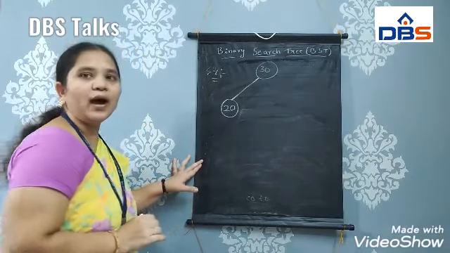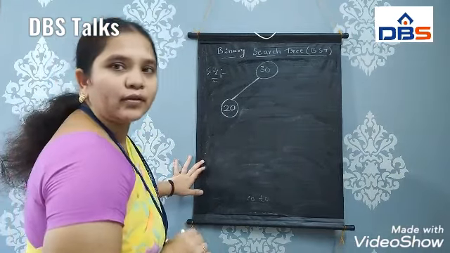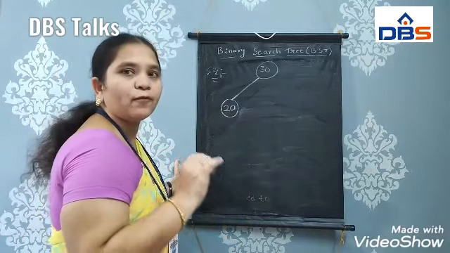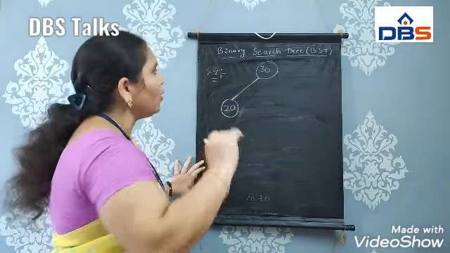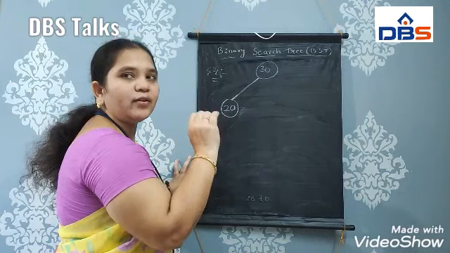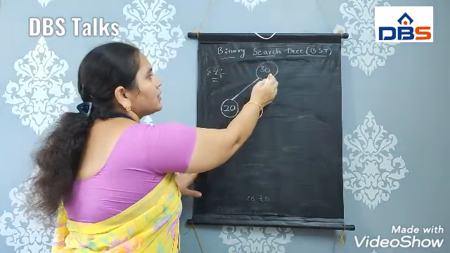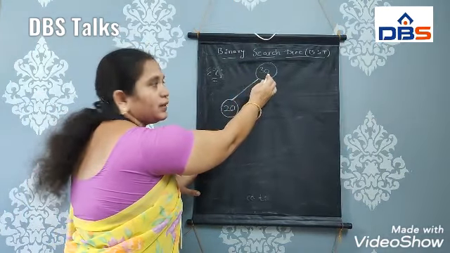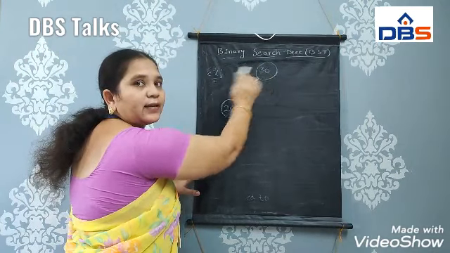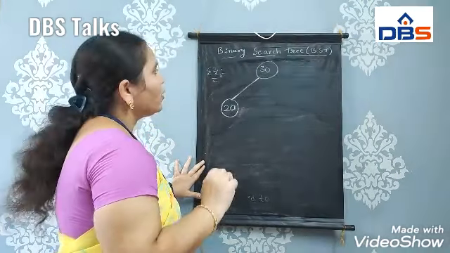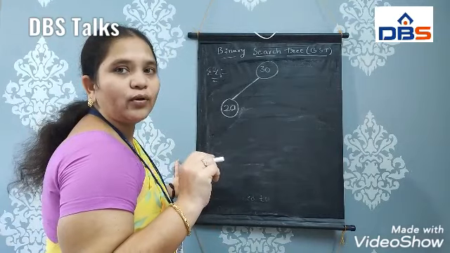Suppose I want to add another node with value 40. Now we are going to insert the value 40. We consider the root node, whose value is 30. So where do we need to add this node?